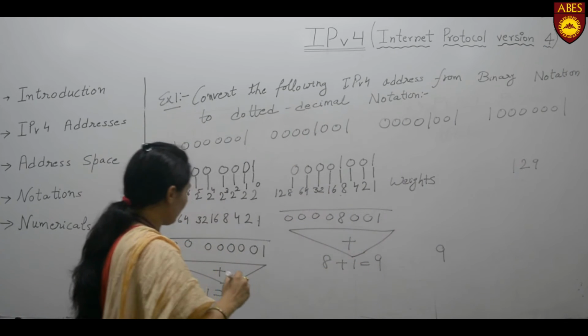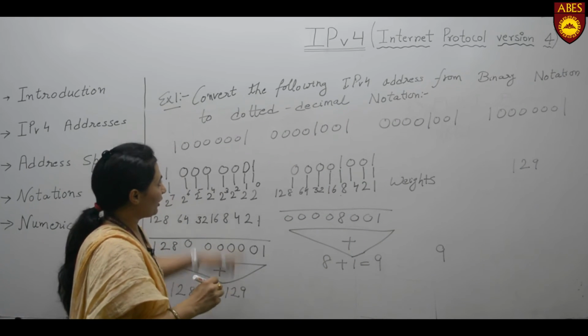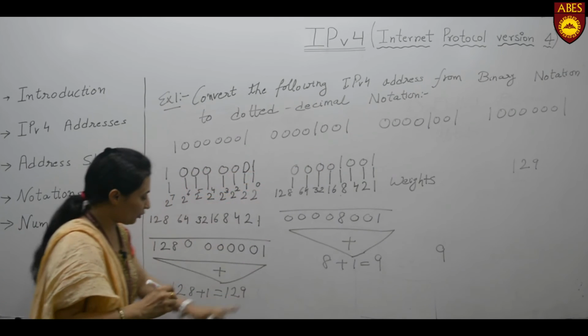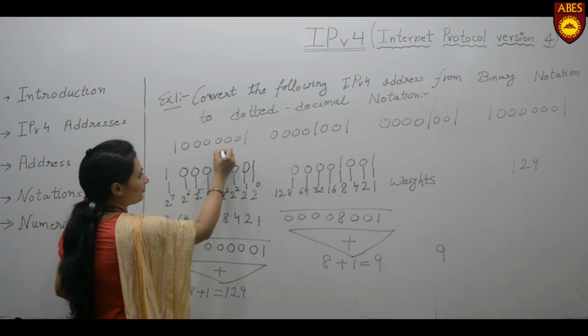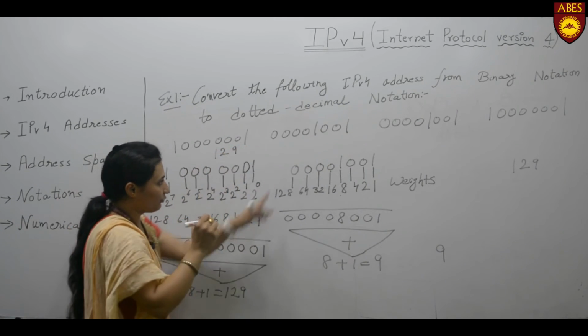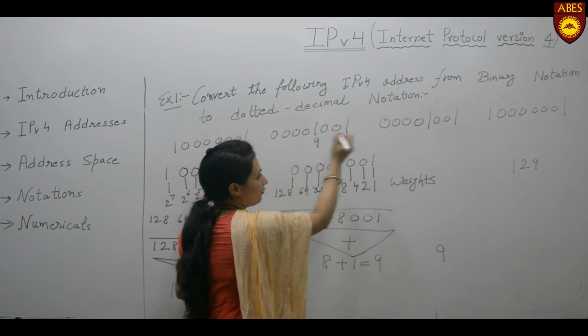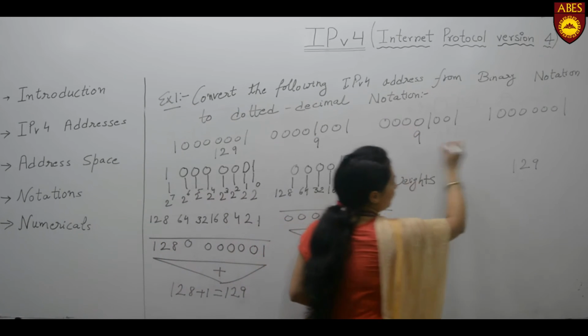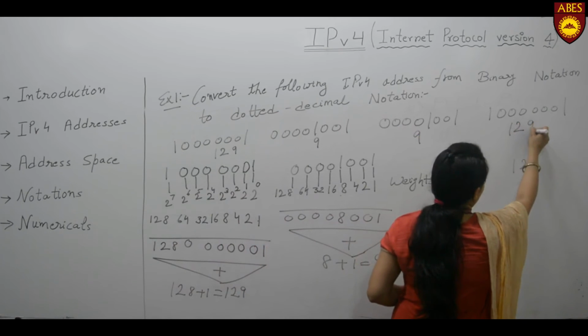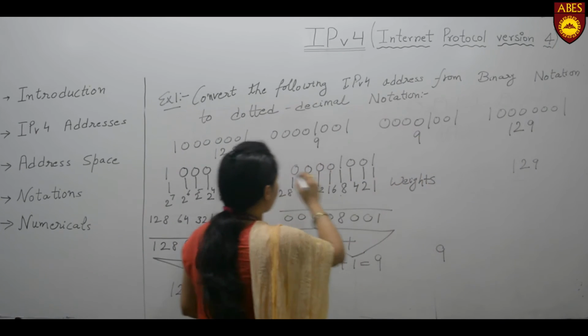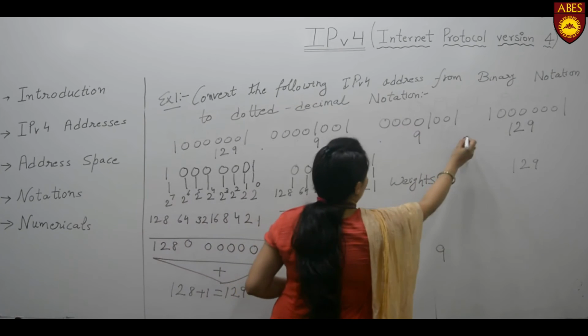So from this example we can see that the decimal equivalent for this binary number comes out to be 129, and for this it is 9. For this byte it is again 9, and for this byte it is 129. And these have to be separated by a decimal dot.